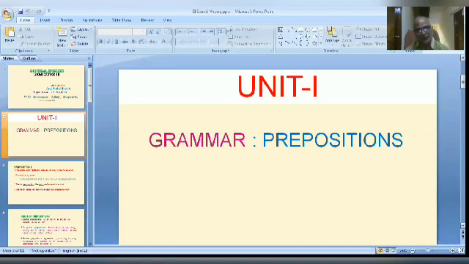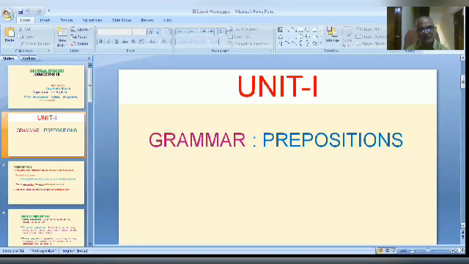And if we know the proper rules, proper usage of prepositions, then we will be able to use correct, appropriate, and flawless sentences. So it is always important for students to know the rules related to prepositions.